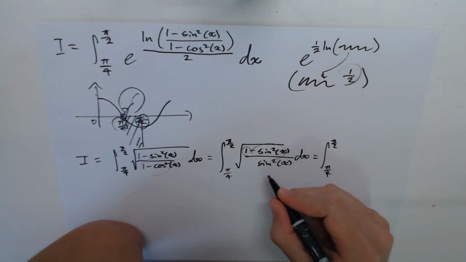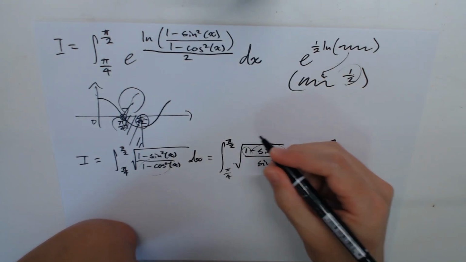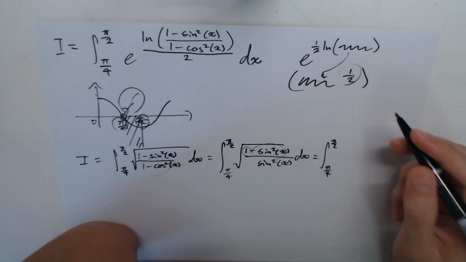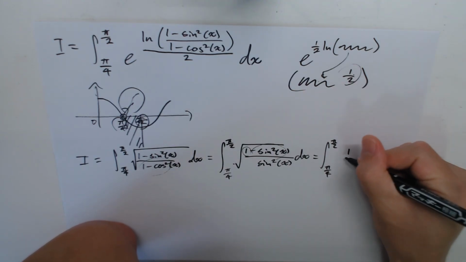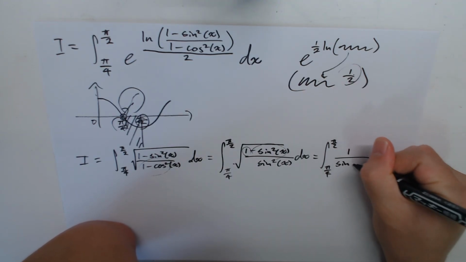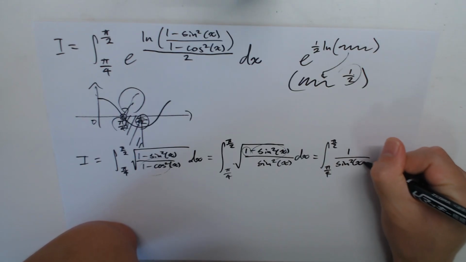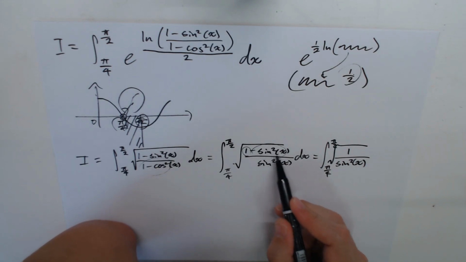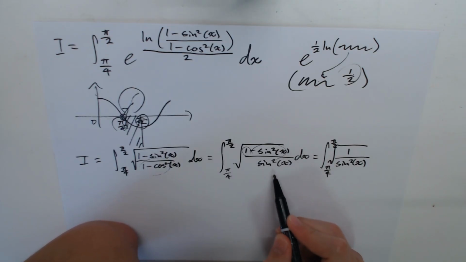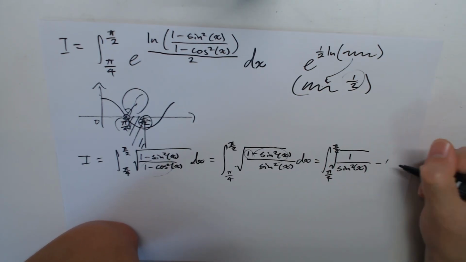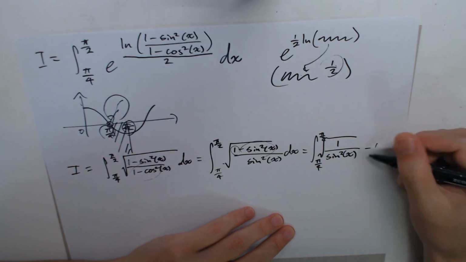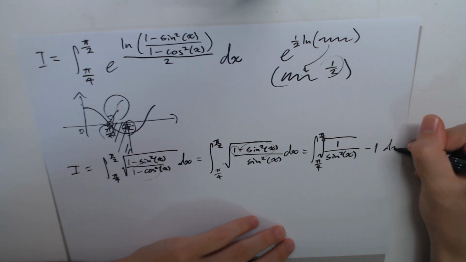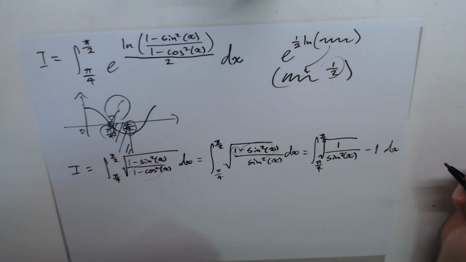And we can get rid of the square root sign in just a moment. So say sine squared x as the root of that, and it's going to be negative sine squared x over sine squared x, which we'd say is 1 minus 1, and the square root of 1.